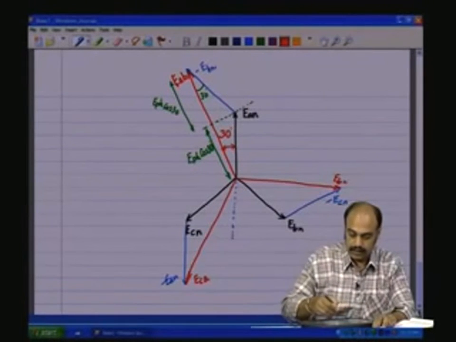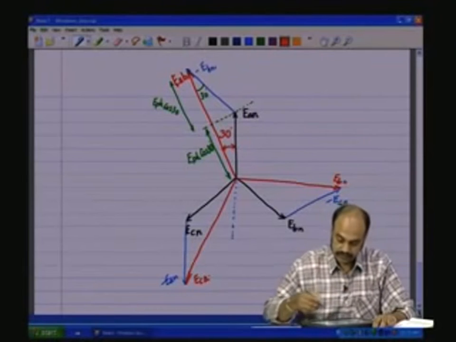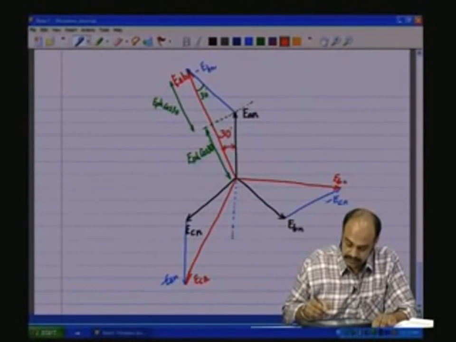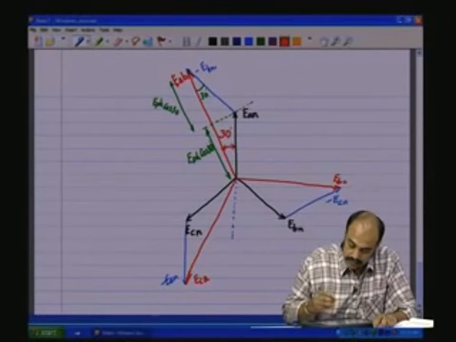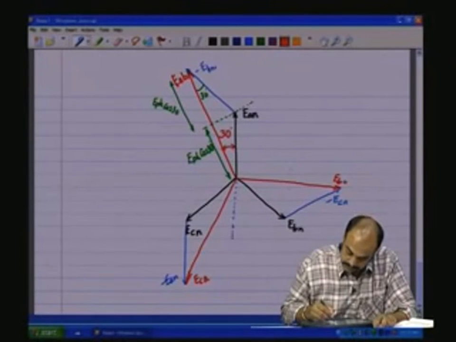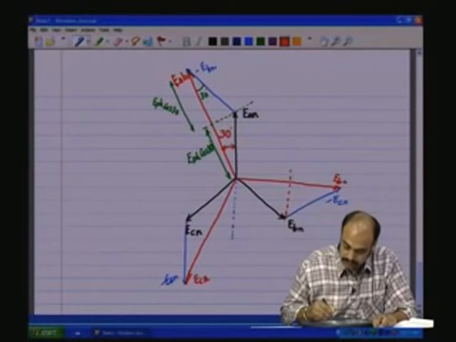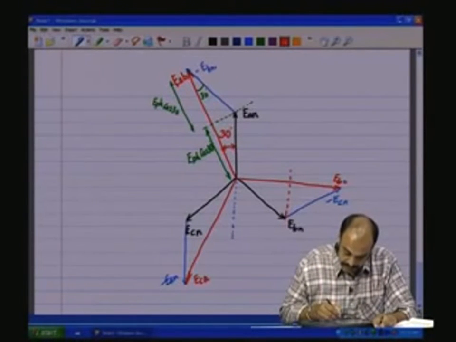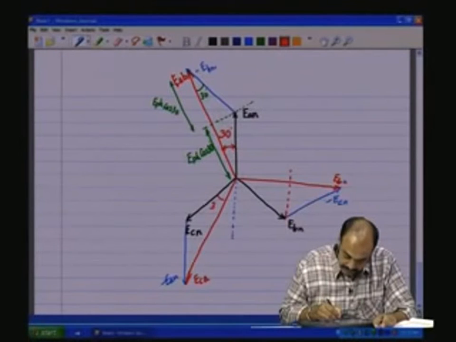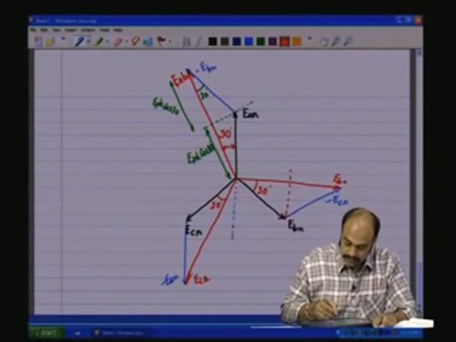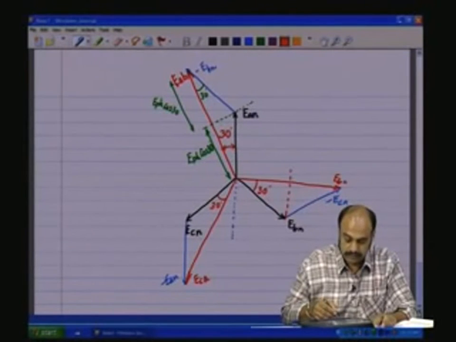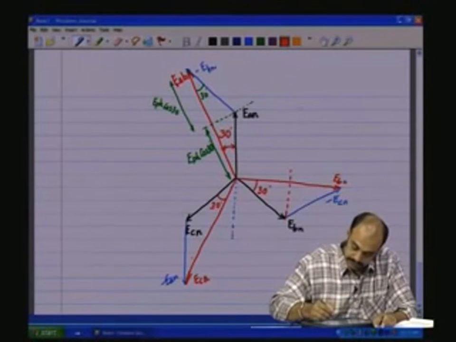So, you see symmetrically all the phases will have a similar type of vector phasor construct, and in all cases the line voltages are nothing but projections of these two phasor voltages, and in all cases the line voltage is leading the phase voltages by 30 degrees, and therefore, the line voltage here will be twice the projections of the phase voltage, which is again root 3.